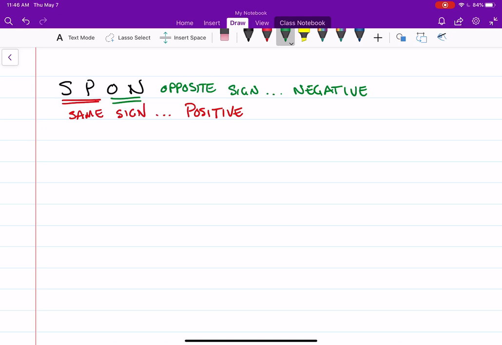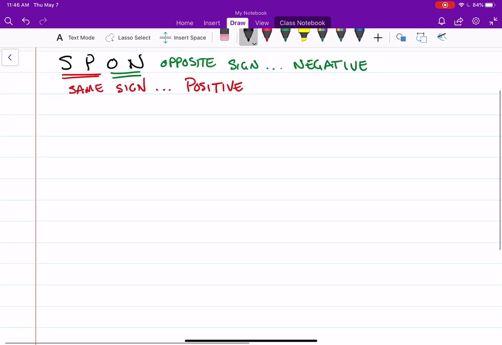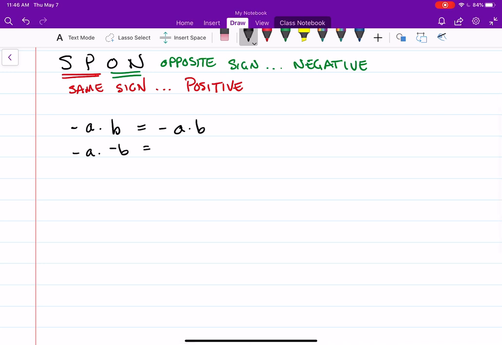Let's take some examples here. Let's say, for example, if I had a negative a times a positive b, it's going to be a negative, and then you can do the a times b. If I had a negative a times a negative b, you'll notice that they're the same signs, both negative, same sign, that means the product is going to be positive.